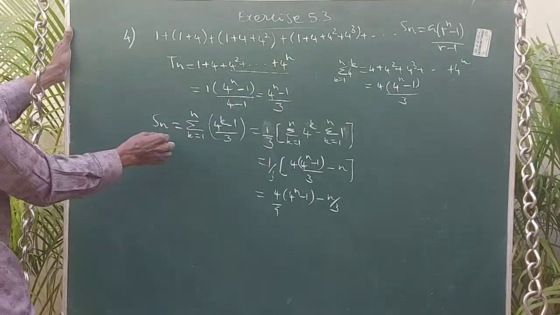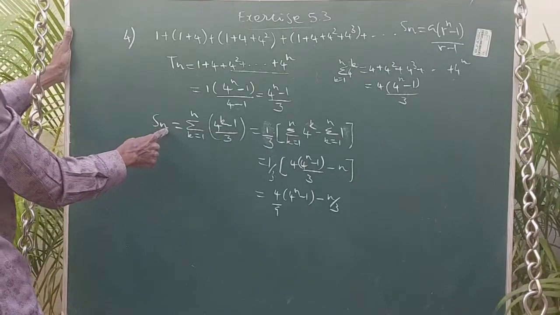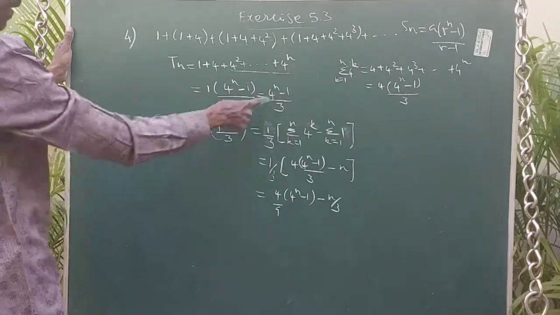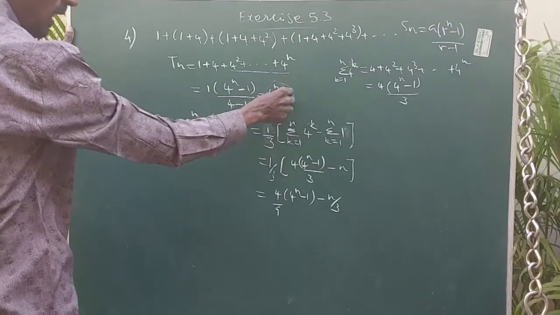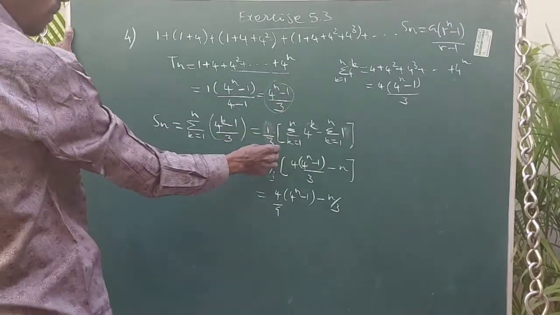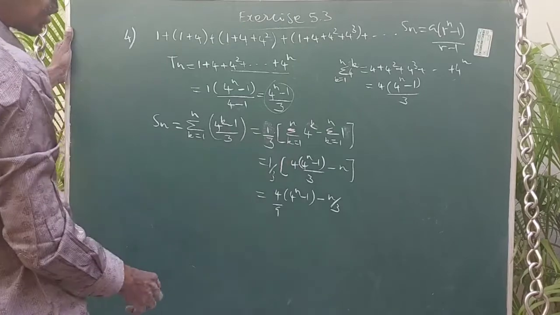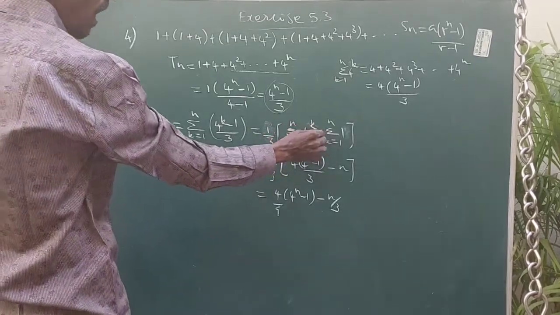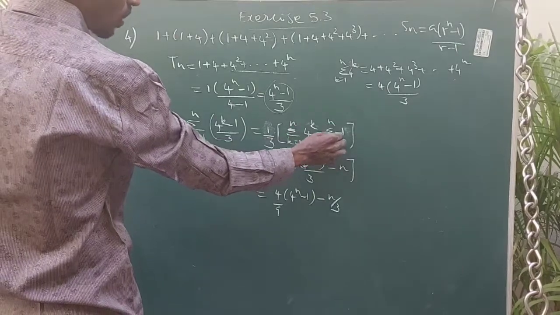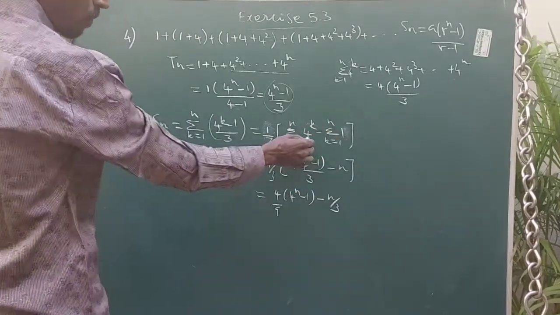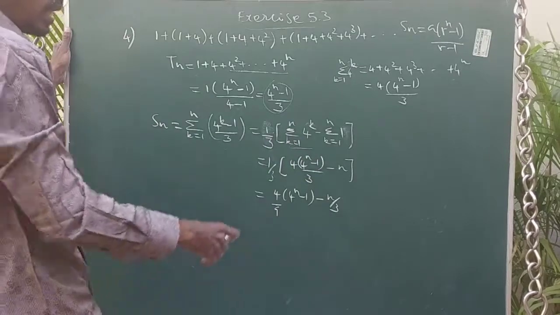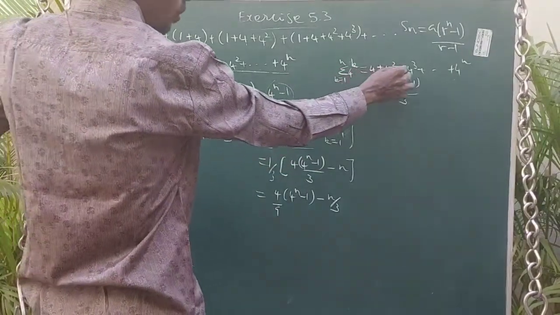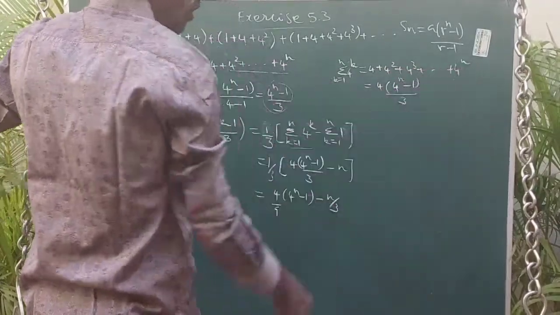Our aim is to find the sum of n terms. So Sn equals summation k equal to 1 to n of 4 power k minus 1 by 3. So 1 by 3 into two summations: summation k equal to 1 to n of 4 power k minus summation k equal to 1 to n of 1. Again it is a GP; summation of 4 power k means 4 plus 4 square plus 4 cube etc. up to 4 power n.